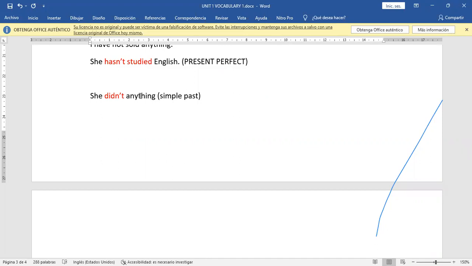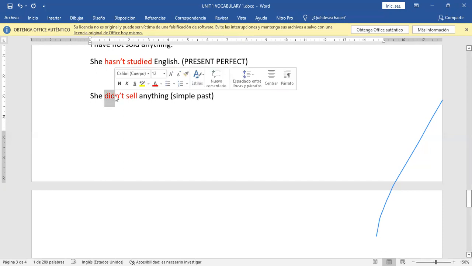En oraciones simples, el verbo en pasado, la segunda columna, solo en afirmativo. Y no así en las negativas. En las negativas y preguntas, el did le ordena a este verbo a que se traduzca vendí. "No vendí nada." ¿Okay?